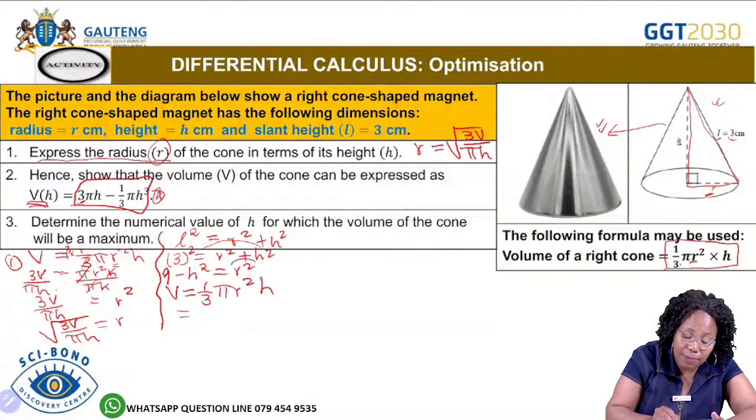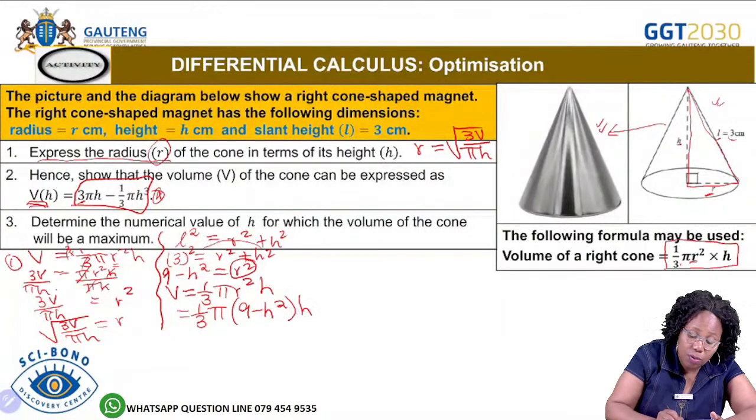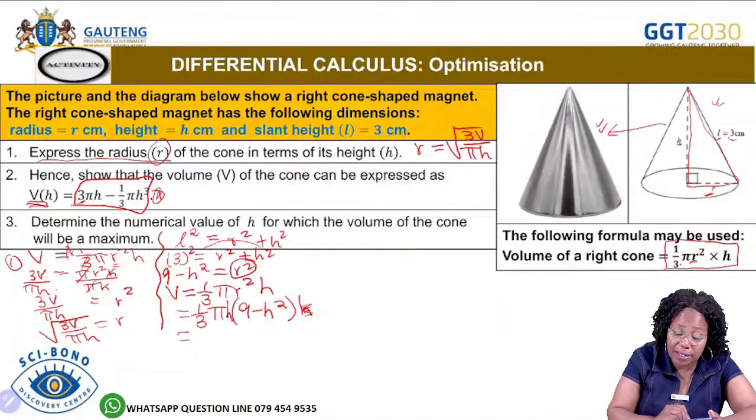We now substitute the r squared with 9 minus h squared. It's 1/3 pi. For r squared we put 9 minus h squared, and then there is another h there. So multiply in, we can take this h and bring it here because it is all about multiplying, grade 12.